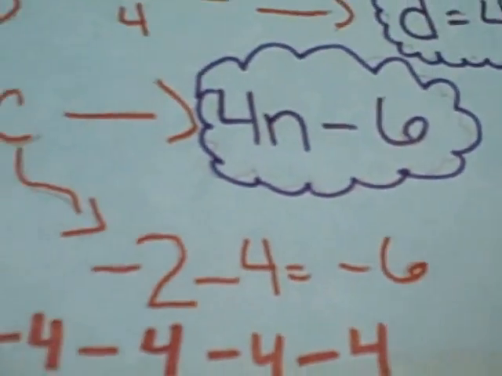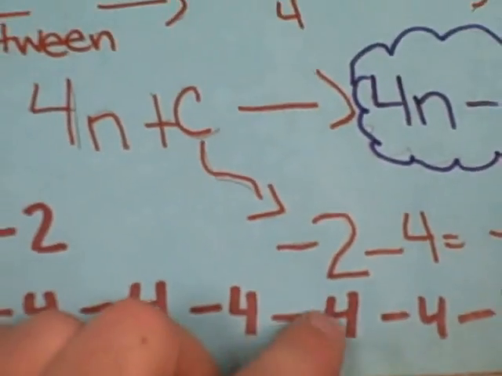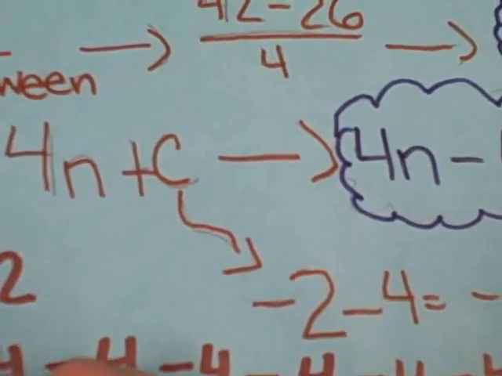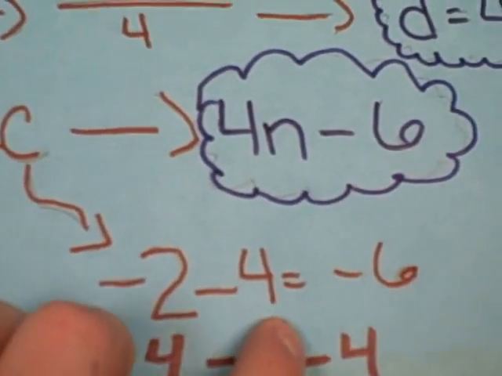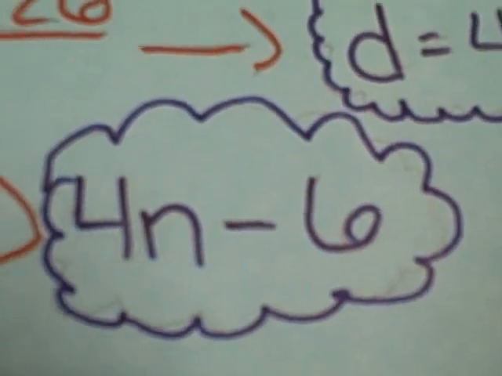If you did that and subtracted, you would get -2. And a1 is -2. So then you would take a1, which is your first term, minus the common difference to give you -6. And that is c. So then we would take 4n minus 6, and that would be our equation.